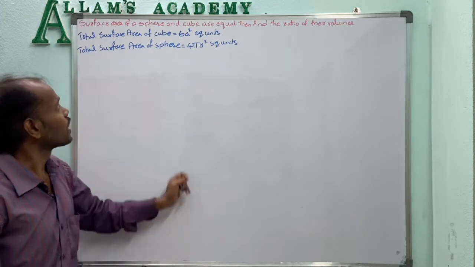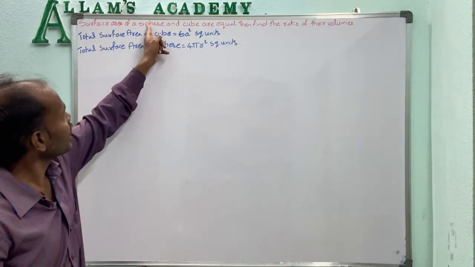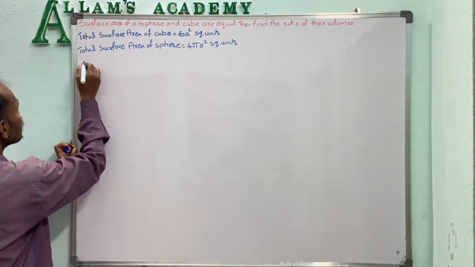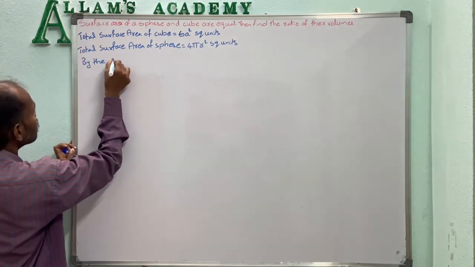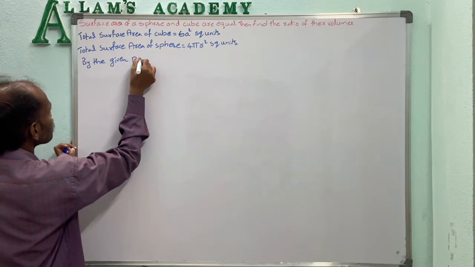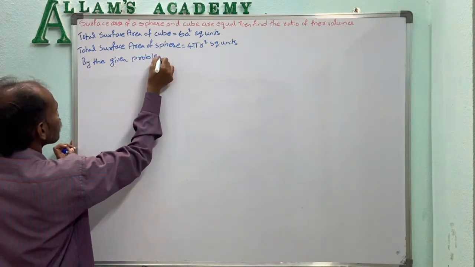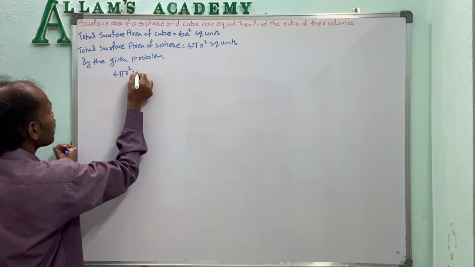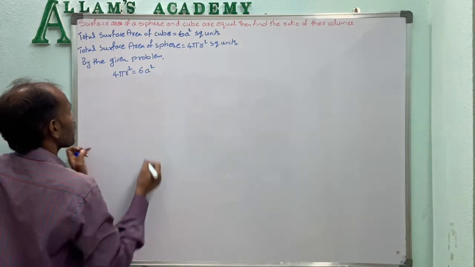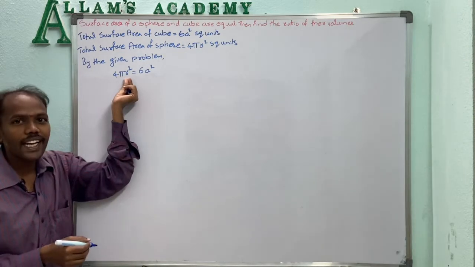Now by the given problem, the surface areas of the sphere and cube are equal. So 4 pi r square is equal to 6a square. Now we have to find the r value.